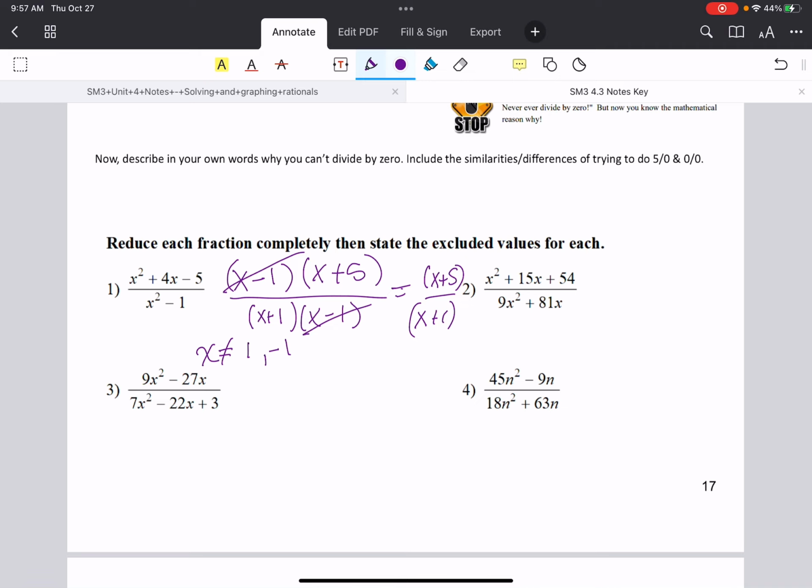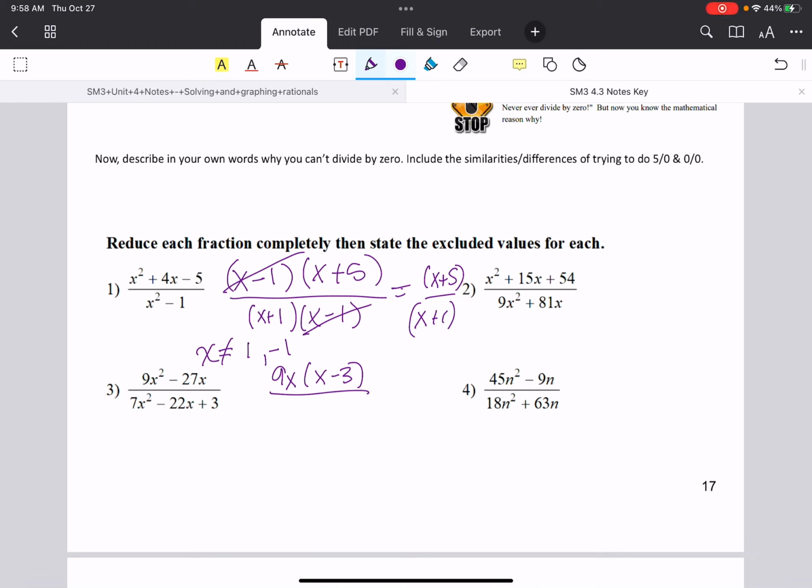Okay. Number 3. What do those two factors look like on the top? Did someone say my favorite thing? Yes. GCF. What was the GCF? Yeah, 9x times x. Perfect.